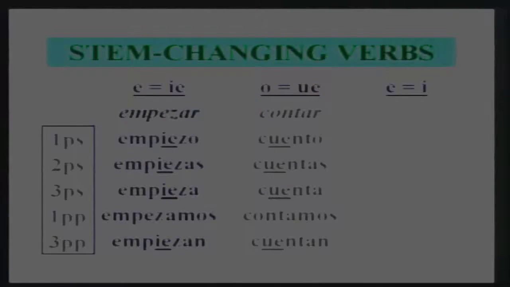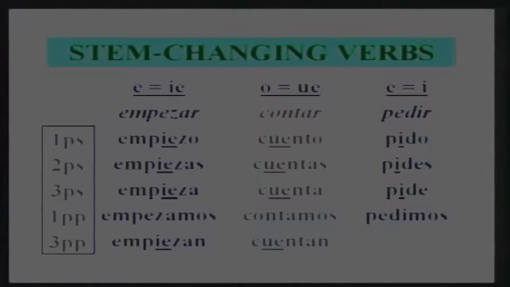For the E to I, like the verb pedir, notice that it becomes pido, pides, pide. The E has changed to an I, and you have the regular endings for an IR verb, O, ES, E. In the first person plural, it does not change, and it stays P-E-D, pedimos, with the regular I-M-O-S ending for the first person plural.